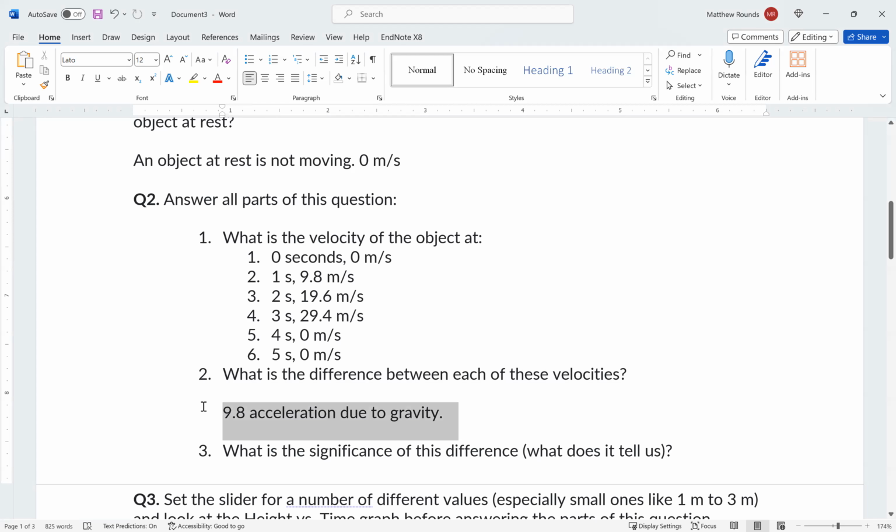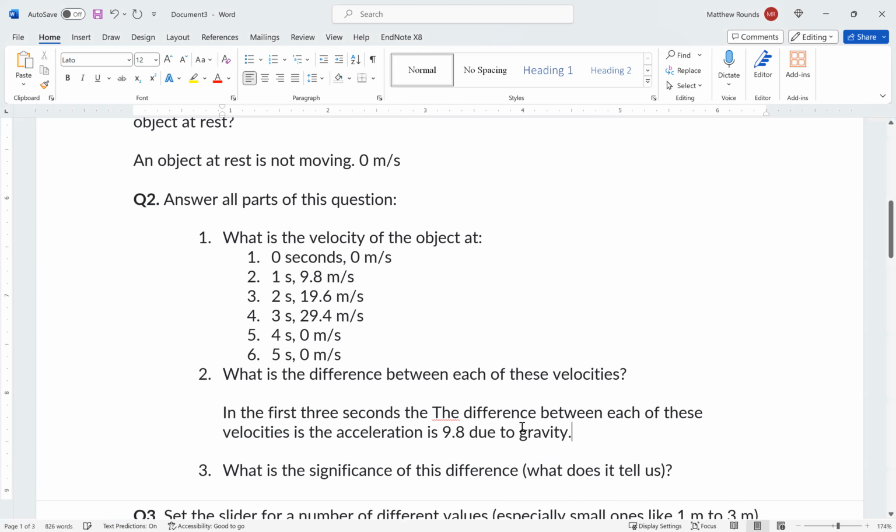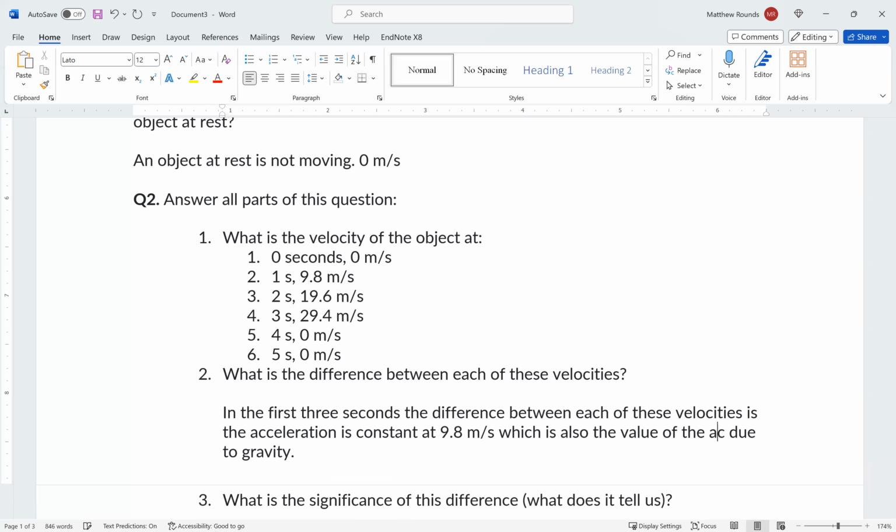This is kind of what they're looking for in the first 3 seconds. The difference between each of the velocities is constant at 9.8 meters per second, which is also the value of the acceleration due to gravity.